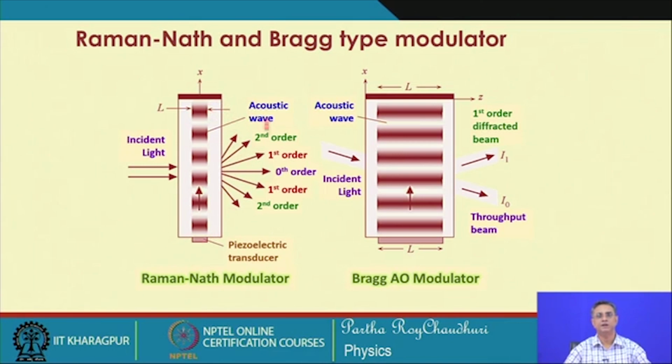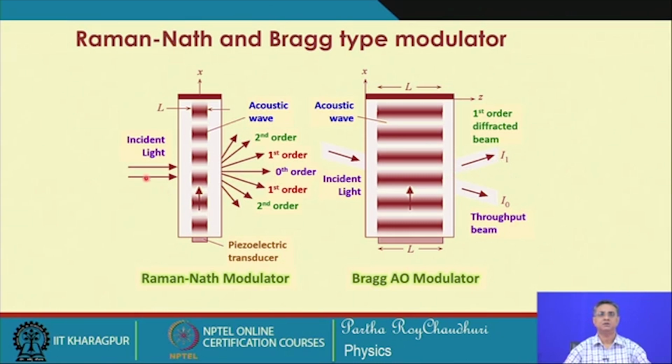So, this gives a very clear picture and understanding, and you see that the width of the acoustic beam is very thin as compared to a Bragg cell, which has a larger acoustic width. Therefore, in the Bragg case the optical beam is incident at a slightly different angle compared to normal incidence, and you will get the throughput beam along the same direction, and a diffracted beam which will be coupled from this to this first order beam here.